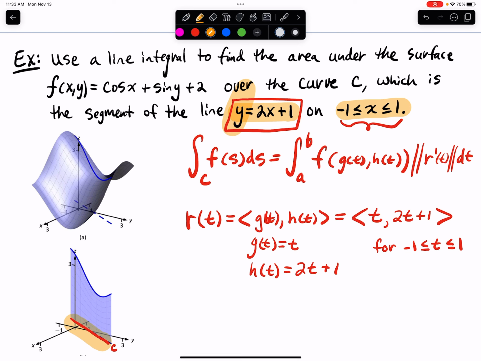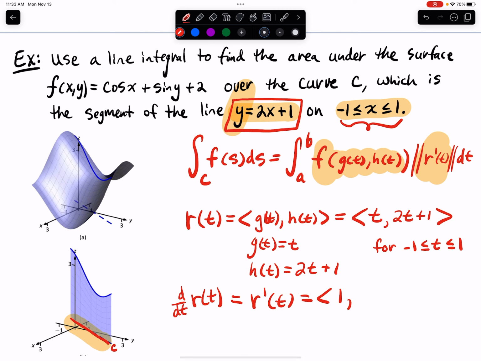I need to take my function f and plug in g and h, but I need the derivative r prime. So let's take the derivative. So d dt of r of t is r prime of t, and the derivative of t is 1, and the derivative of 2t plus 1 is 2.